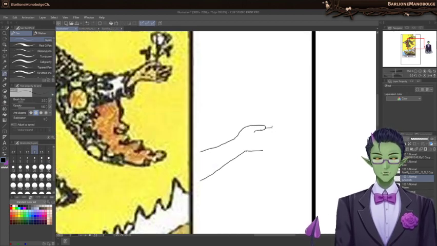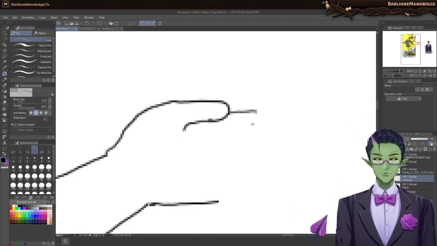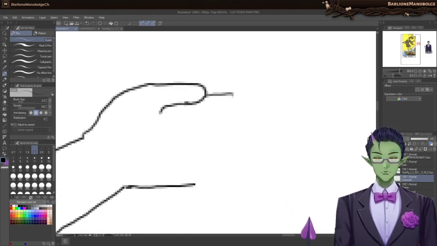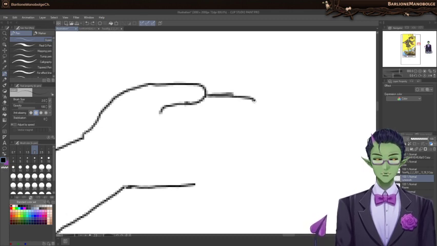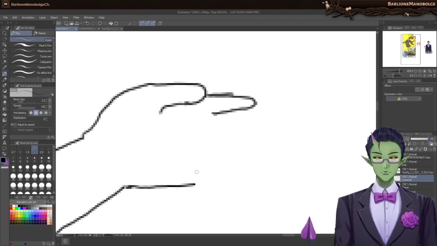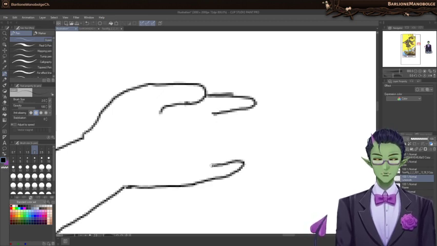Alright. Let's just zoom in as close as possible. This is the index finger. Done. This is the pinky finger. Done.